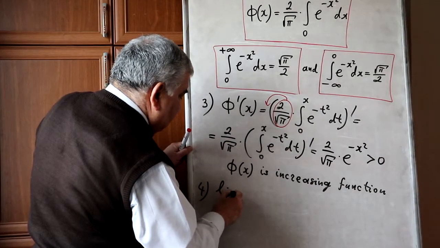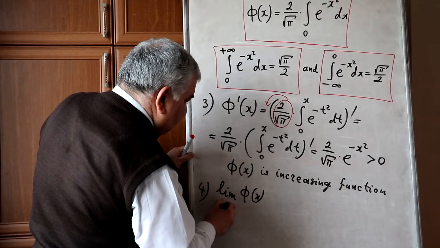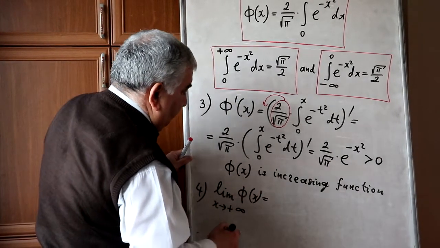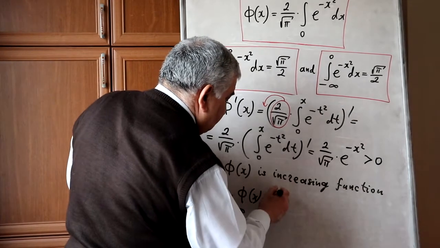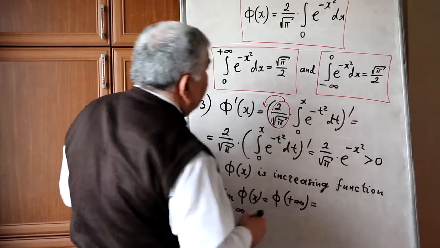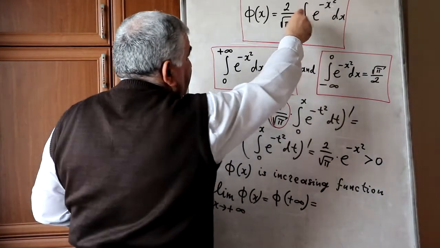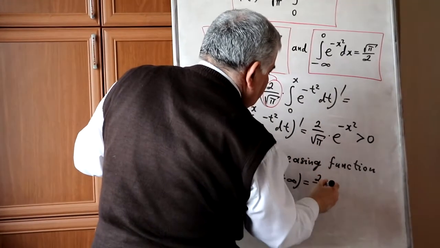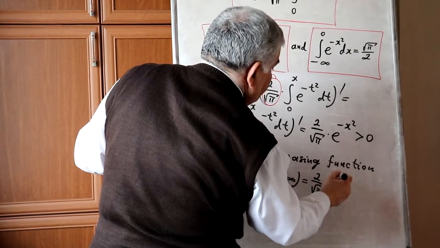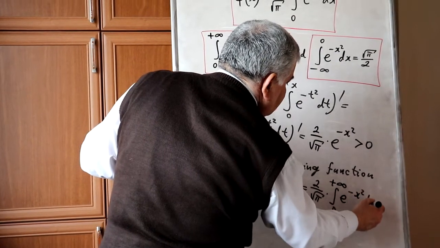Limit of phi capital of x, when x tends to plus infinity equals phi of plus infinity, and we can substitute plus infinity instead of x in this integral. 2 over square root of pi multiplied by integral from 0 to plus infinity of e to minus x squared dx.